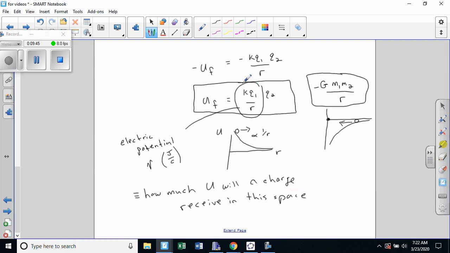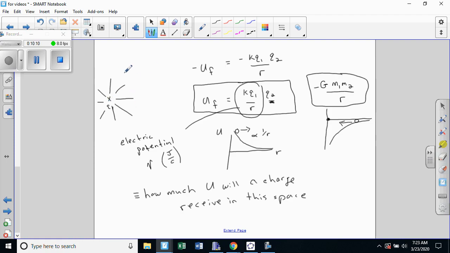Okay, so I want you to think about it this way. When charge Q1 was in space, an electric potential and an electric field existed all around that charge, but Q2 wasn't there yet. So there was no force and there was no potential energy of this system. Q1 existed in its own field. It didn't feel anybody else. There's no potential energy and there's no force. Okay?